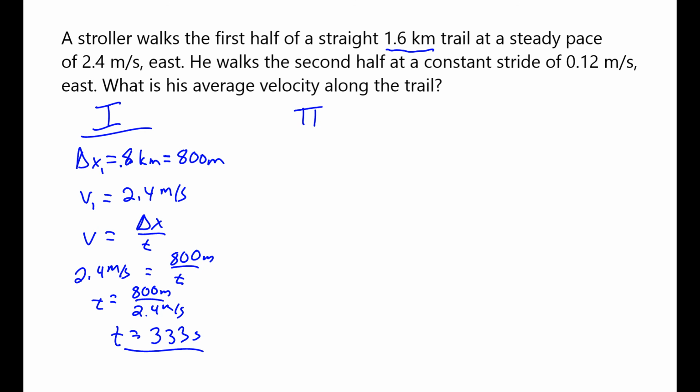Alright, now part 2. Delta x is the same, still 800 meters. Velocity for part 2 is 0.12 meters per second.